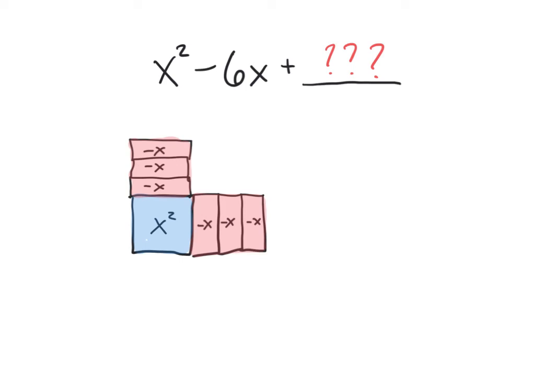And then I can see that the space left needs 9 unit tiles to complete this perfect square. It's also worth noting that even though this is minus 6x, this is still positive 9. This number should always be positive.